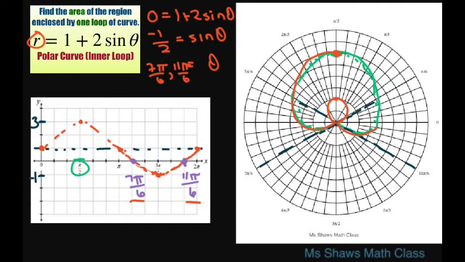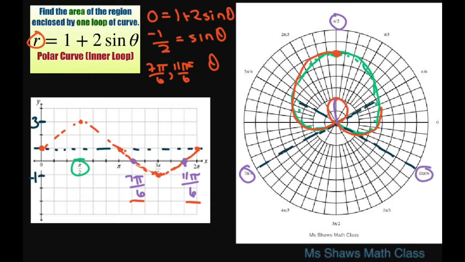All right. What we want is shading the inner curve. And this is symmetric about the line pi divided by 2. This is 7 pi divided by 6, and this is 11 pi divided by 6.